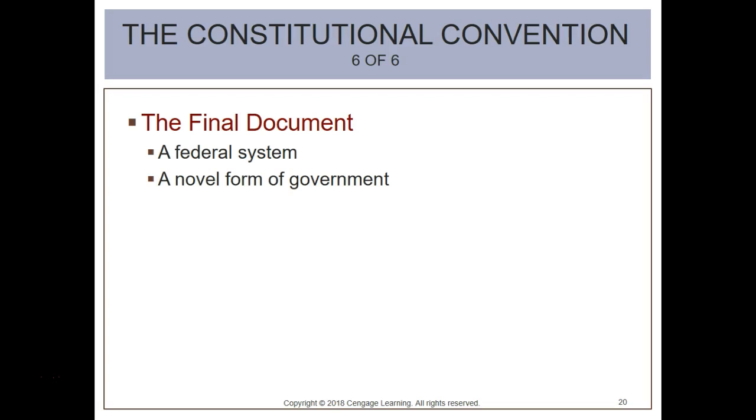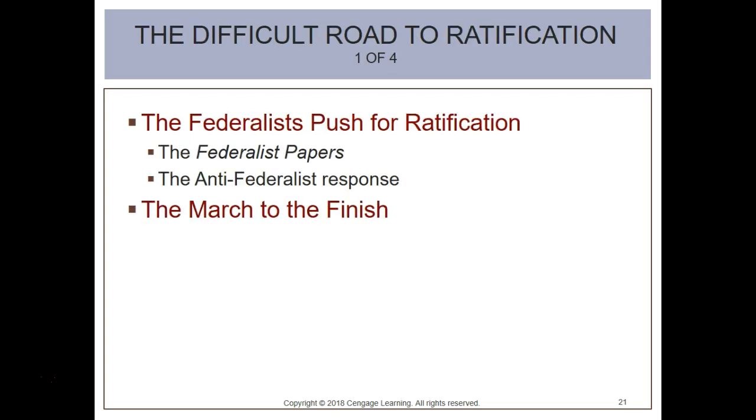And the basics to that, the fundamentals, again, back to popular sovereignty as well as Republican government and limited government, checks and balances, remember, separation of powers, and a federal system, which we'll talk about in Chapter 3, that divides powers between the federal and state governments. All right.